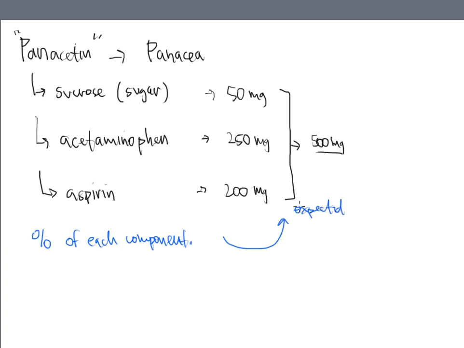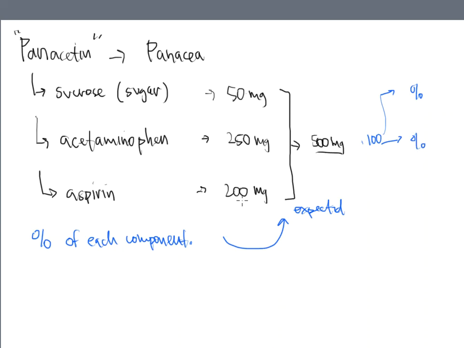The expected percentage is right up here. I can take 50 divided by 500, multiply by 100, and I would get the percentage of sucrose that it should be. I take 250, divide it by 500, times 100 because we want percentage, and that will give me the percentage of acetaminophen.